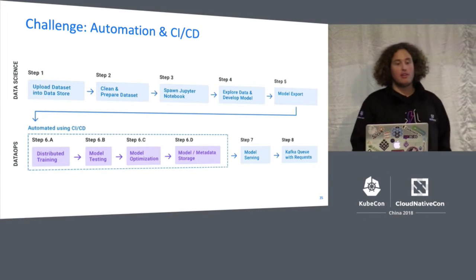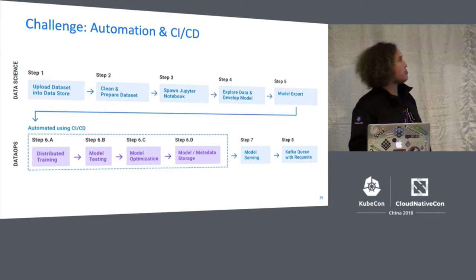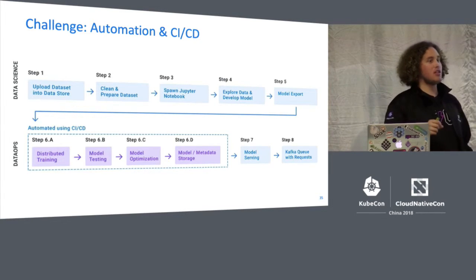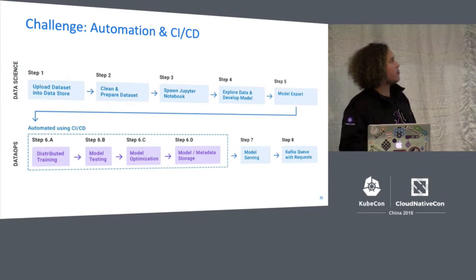And this is again coming back to the division between different personas. Here we have the data scientist up here. He can deal with his data set, he can use his Jupyter Notebook to explore his data and come up with a model, and once he's done, he does a Git commit from his Jupyter Notebook, and this triggers the CI/CD pipeline.